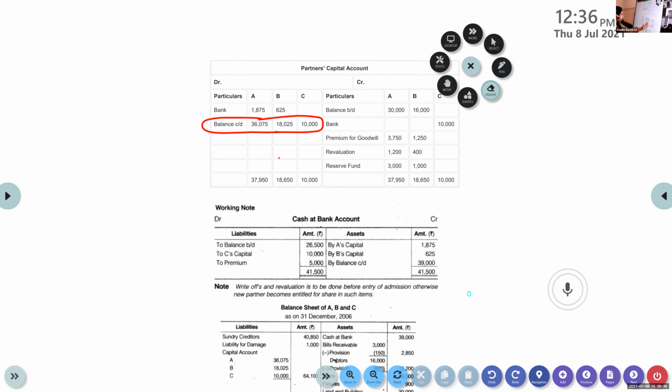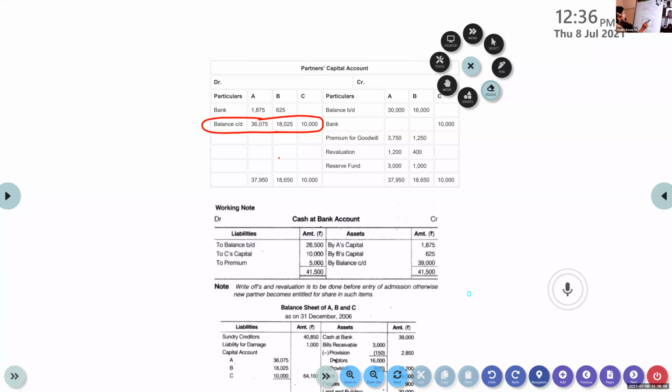So on the credit side, we write the withdrawal made. A is withdrawing 1,875, B is withdrawing 625.